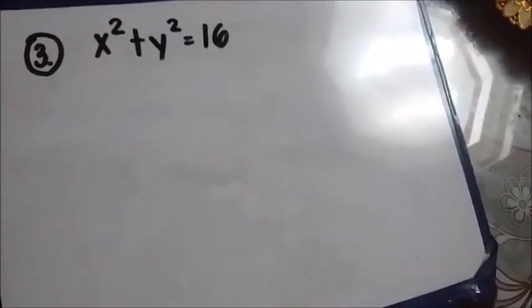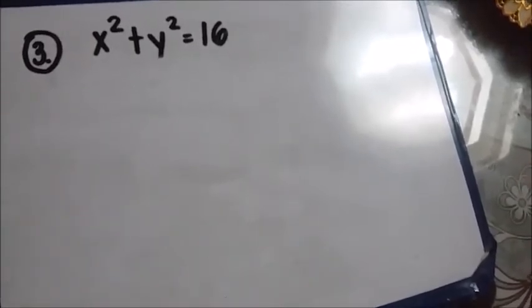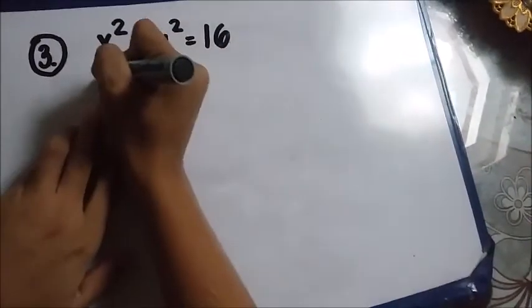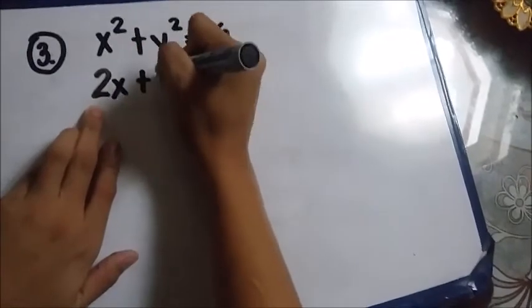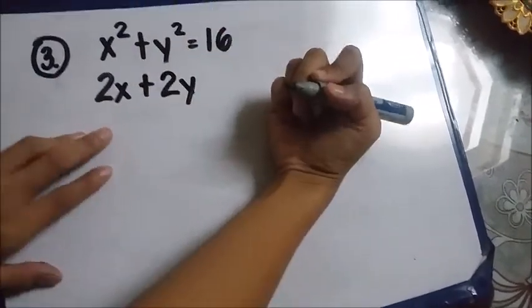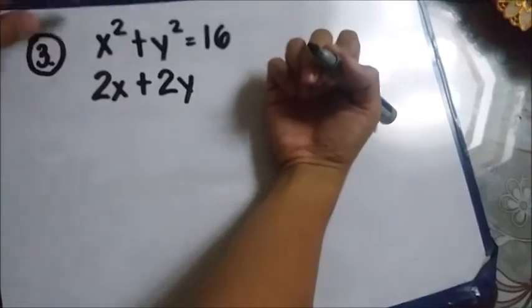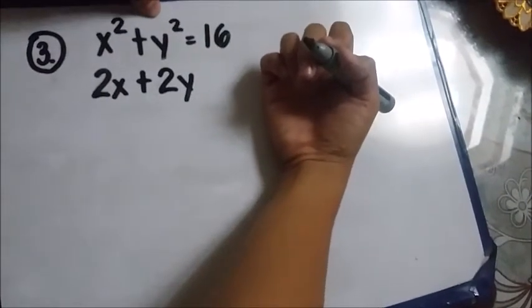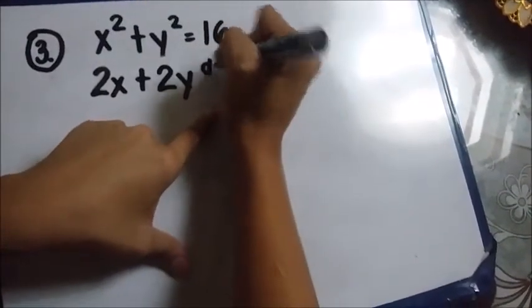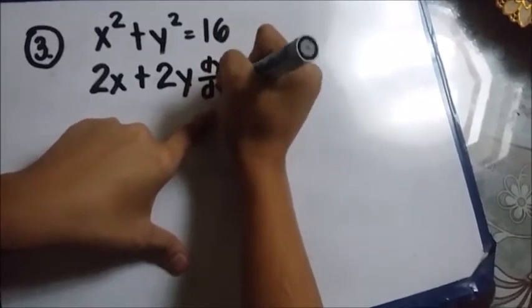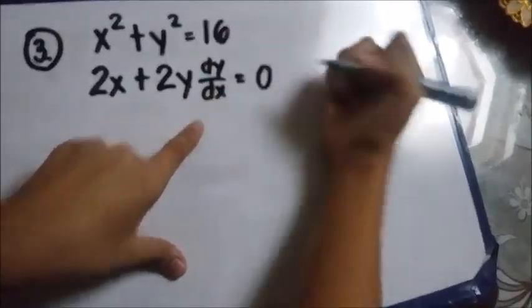So for our third and last problem, we have x squared plus y squared equals 16. And the first thing that we need to do is to find the derivatives of this, or to differentiate that. Please take note that we differentiate a term involving y, so we're going to write dy/dx. Equals 0.